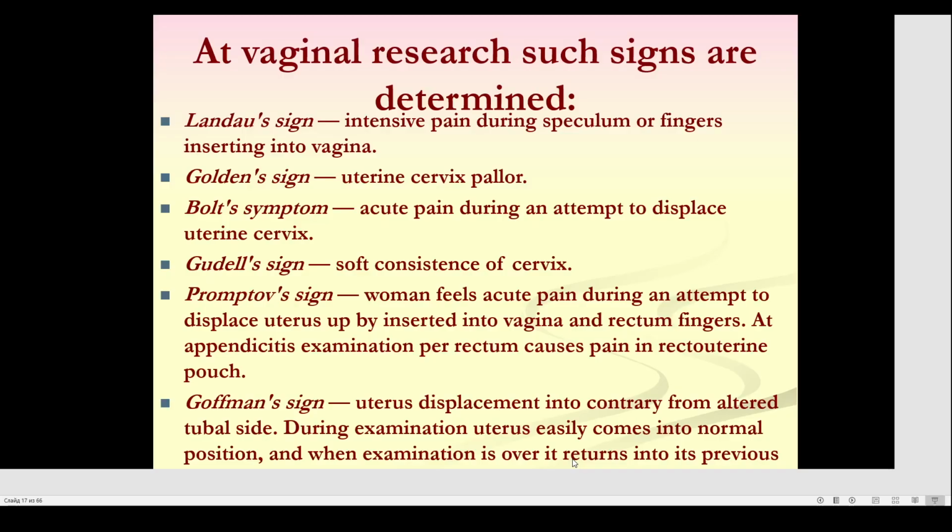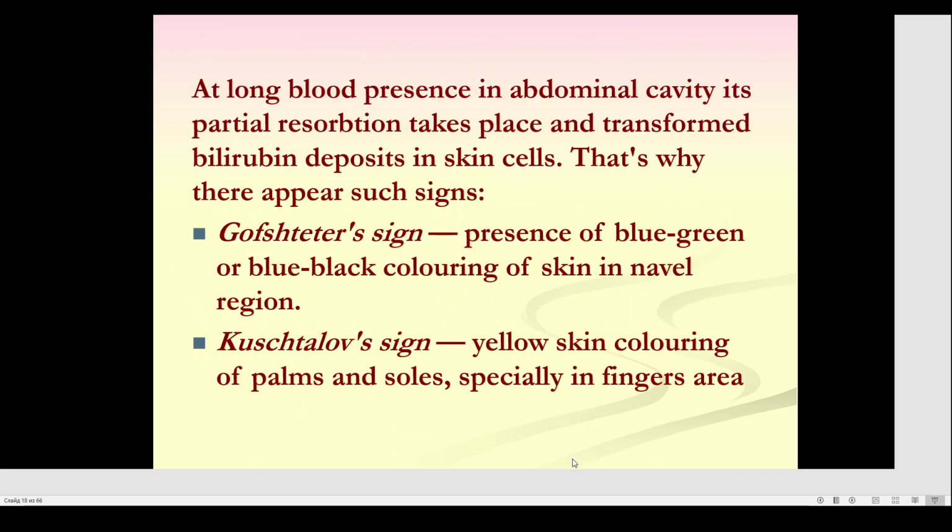And Hoffman's sign, uterine displacement to the side opposite the affected tubal site.